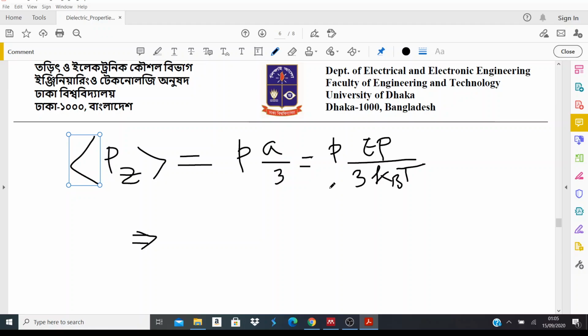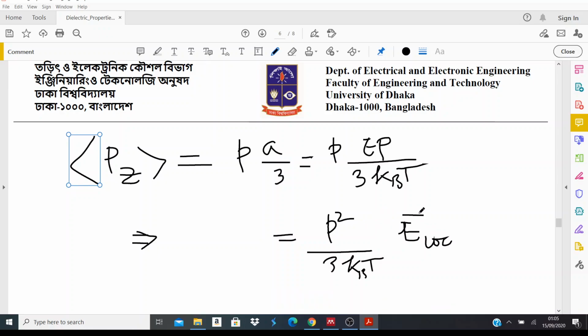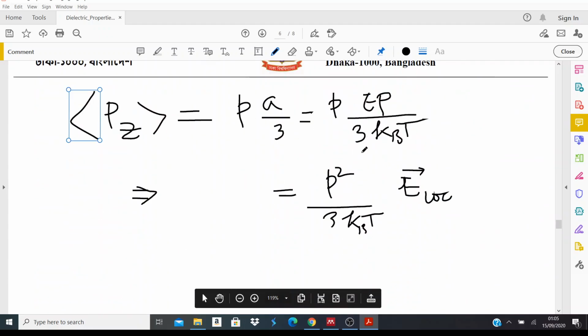In the last step, you can see we have a p square term and we have thrice kBT, right? But one important thing: this E is really the local field. This is difficult to write in all the steps here, but you remember, whatever E we are talking about, that's the local electric field operating on the permanent dipole moment, right? That's the E loc.